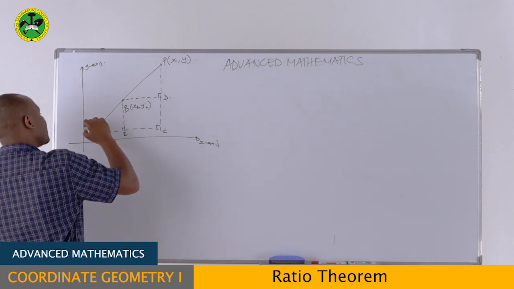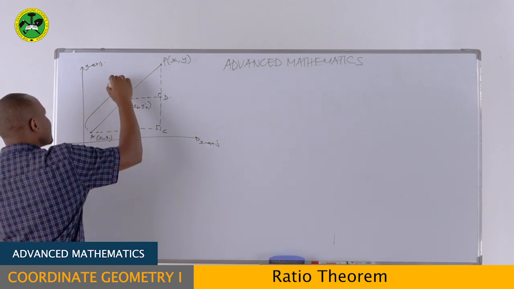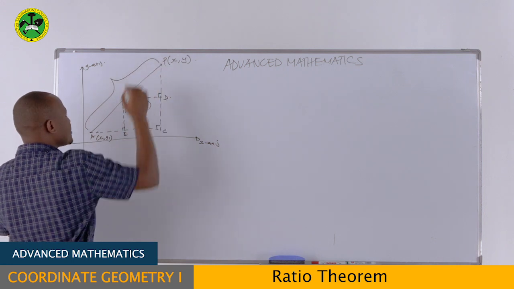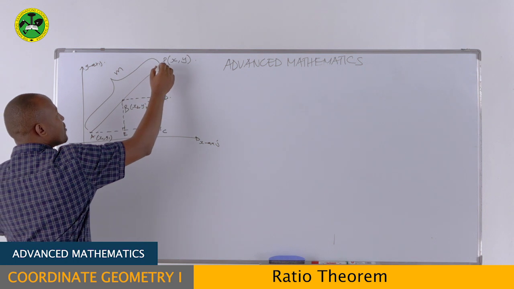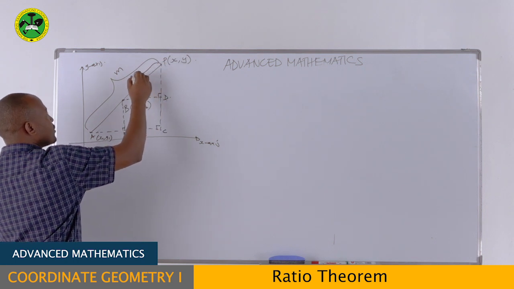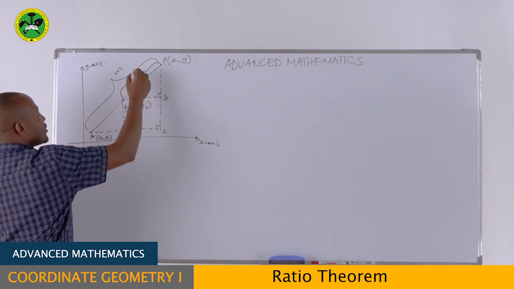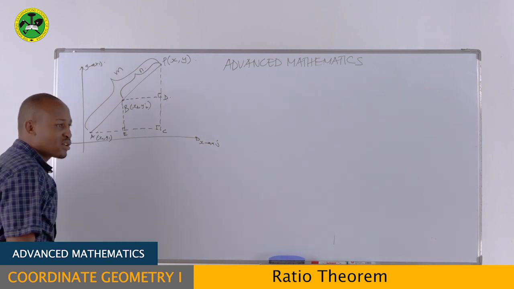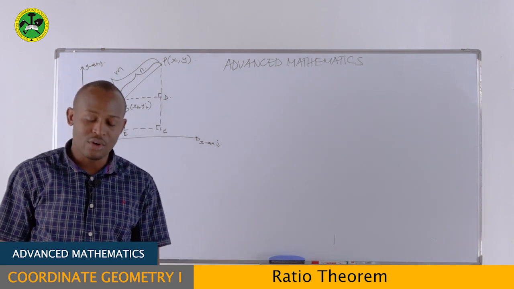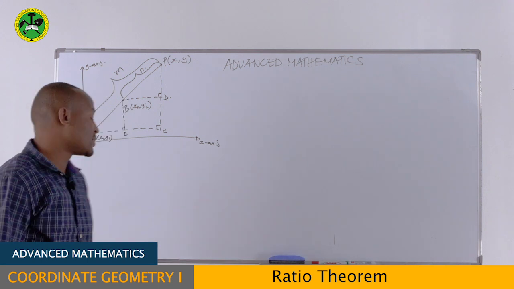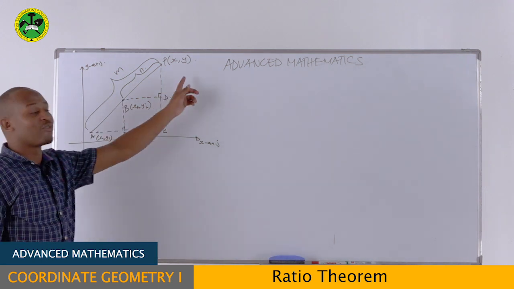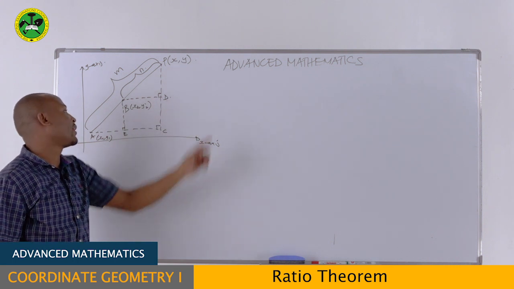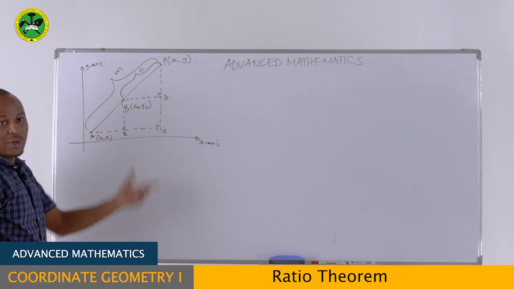Going from that point to that point will be our M, and coming from that point to this point will be our N. That is the so-called external division of a line. Now let's check it out. How can we obtain the values of x and y from these two points and the ratio we are going to have?